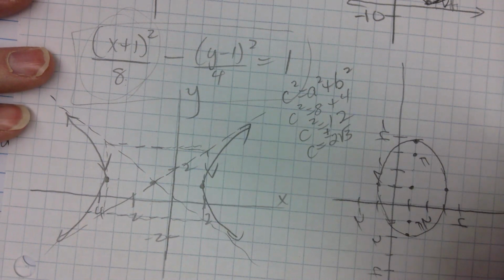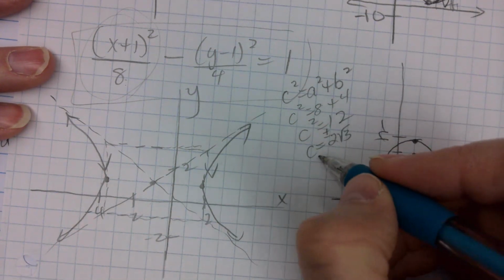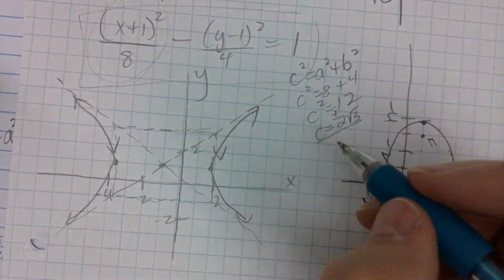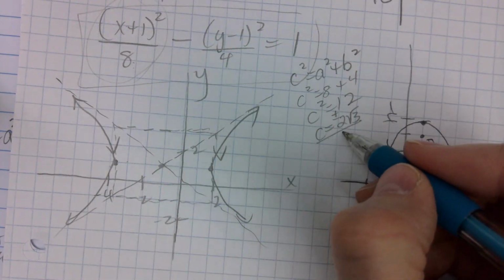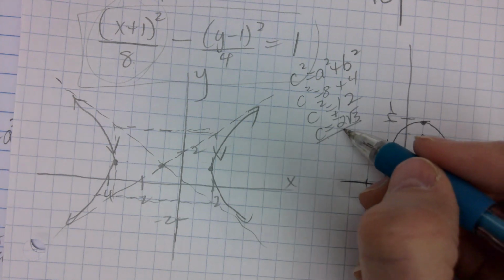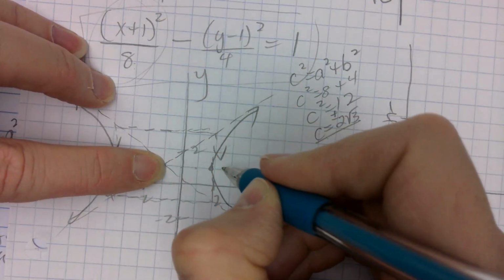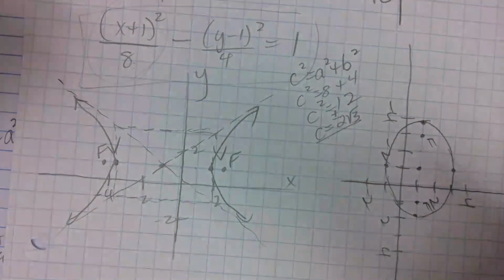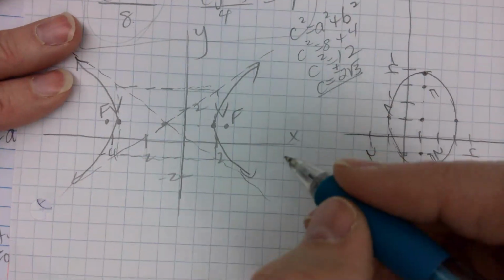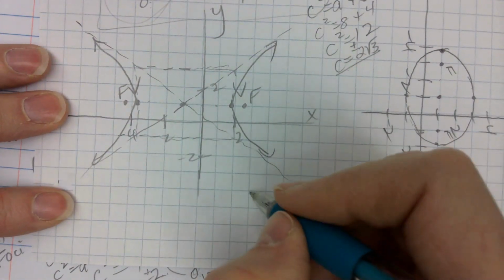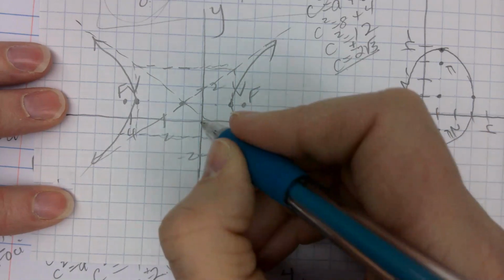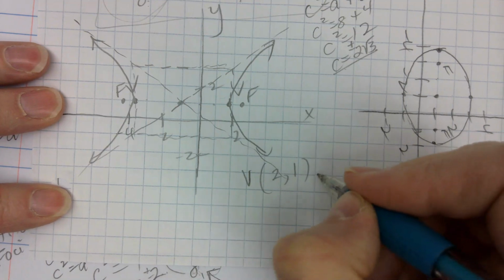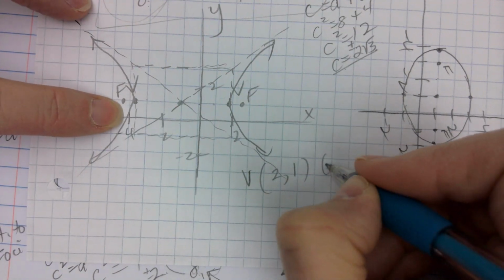But the one extra step is to add that 2 root 3 to get the foci, right? What do we say that was? About 3.5-ish. 1, 2, 3.5 from the center, yeah. So the two vertices then would be 2, 1 and -4, 1.